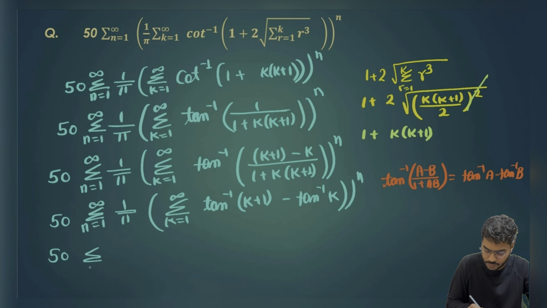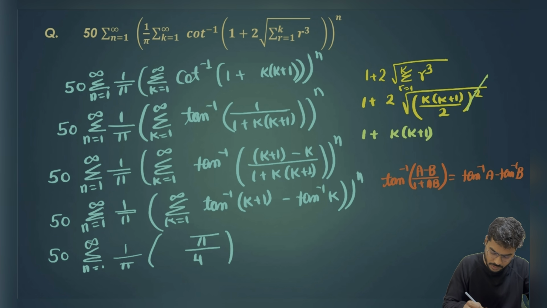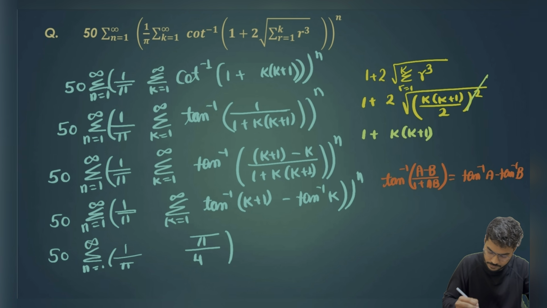If I put the values, what will I get? If you remember the last question, the answer we got was pi by 4, right? This pi by 4 bracket will be inside, whole power n.